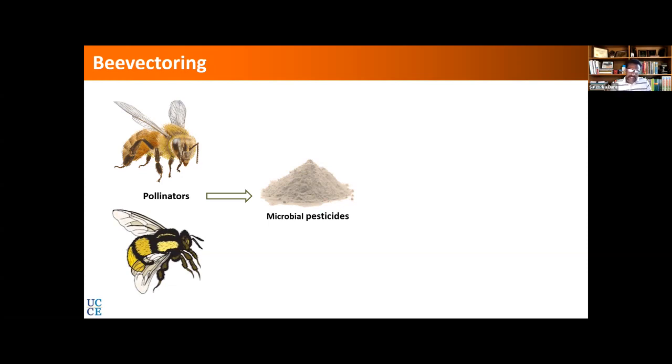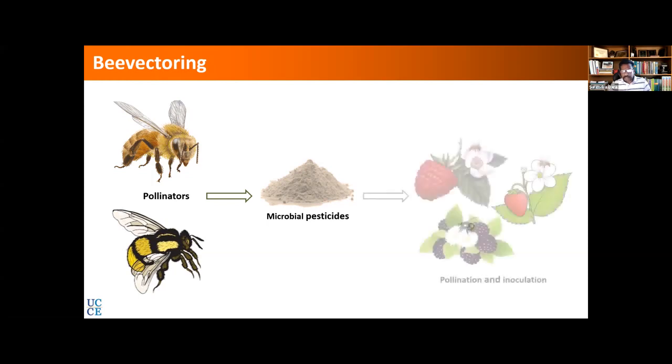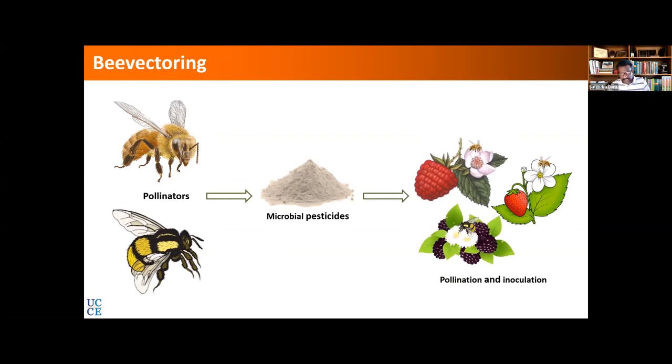There are some containers or devices attached to these hives. So when these pollinators exit these hives, they pick up this material, and when they visit the flowers, or basically the crop, they will be distributing the fungal inoculum or whatever they're carrying all over the target areas. So this is very effectively used.